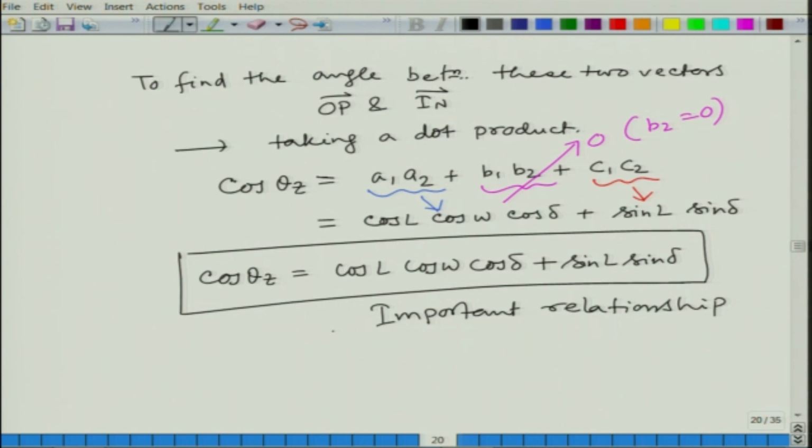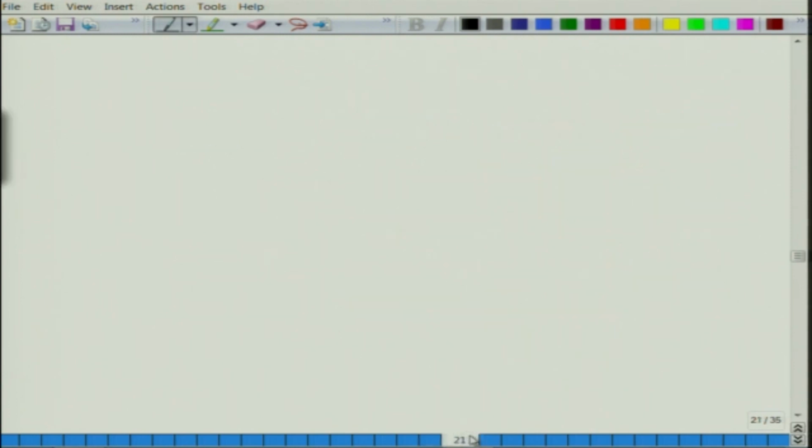So, now if we look at this theta z, we already know that theta z plus alpha is equal to pi by 2. This we have seen, right. So, you can write, and what does that mean? That cos theta z equal to sin alpha, right.